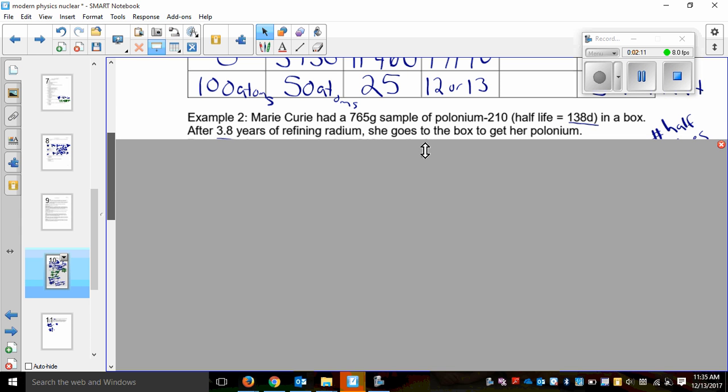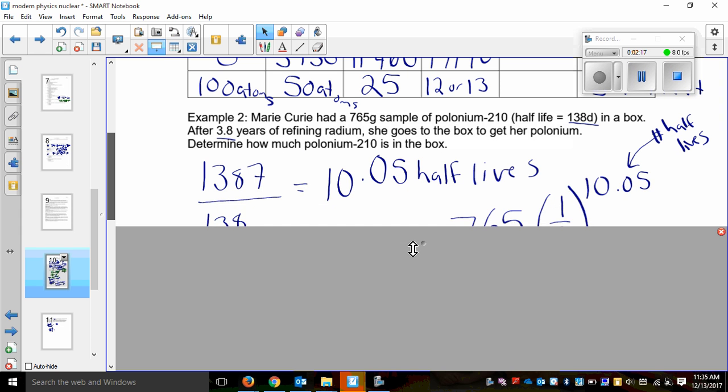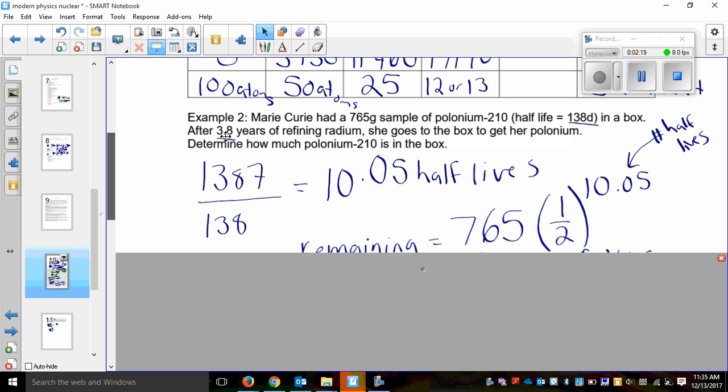How much is left? So what I did here is I said, well, in 3.8 years, I did 3.8 times 365, and I got this as the number of days. I divided by the half-life, and I said there's going to be 10.05 half-lives. Then I'm going to use this formula here.